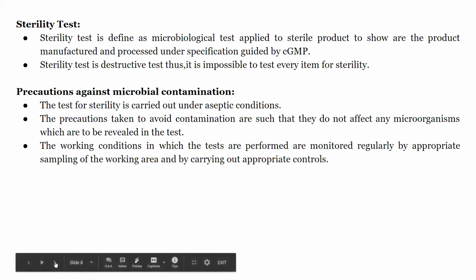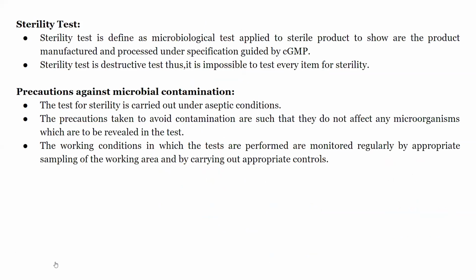Now next we'll see the sterility test. So once you have determined the method, or you are in the process of determination of the method, how will you select? You will see the physicochemical characteristics of the ingredients which are incorporated, or the degradants which may be present after the sterilization methods.